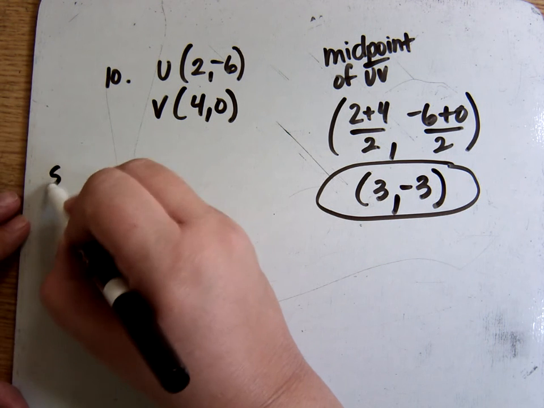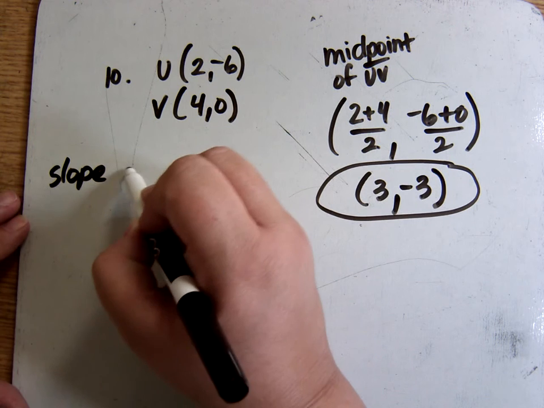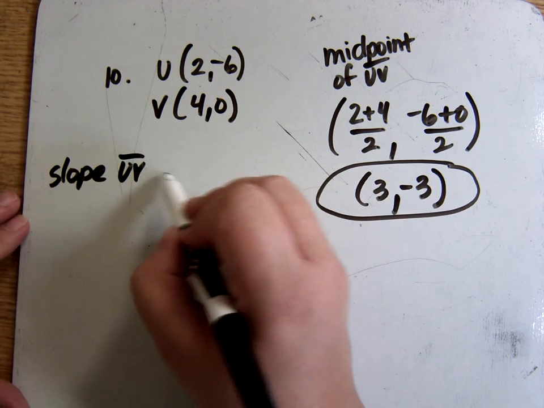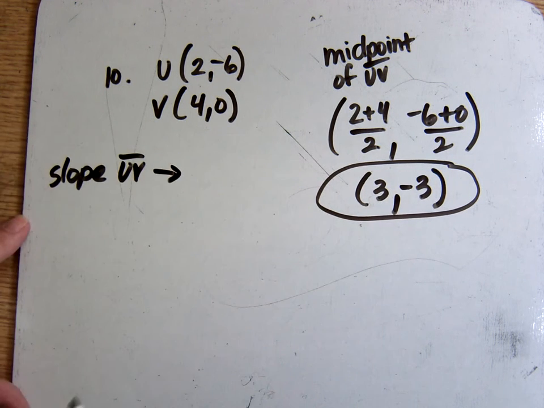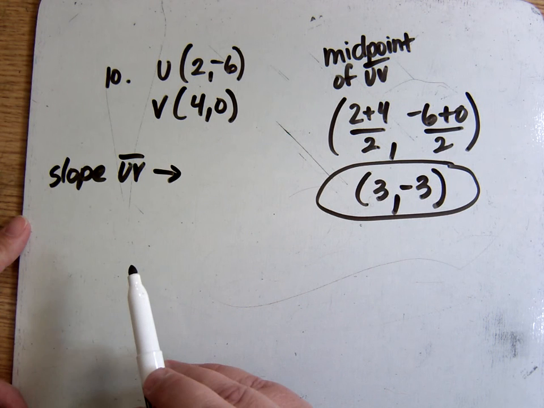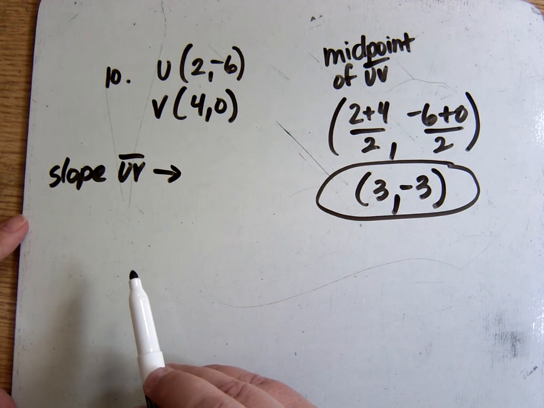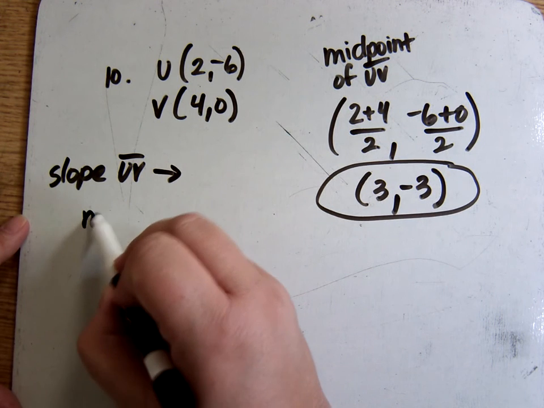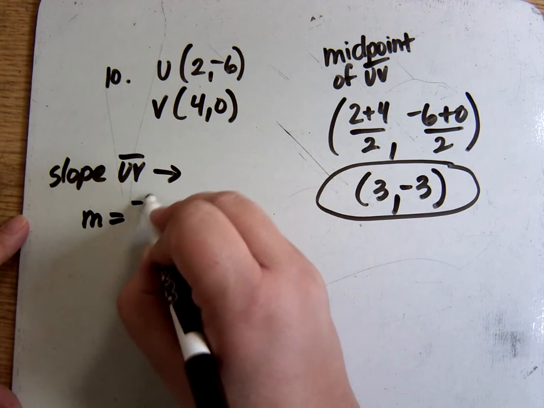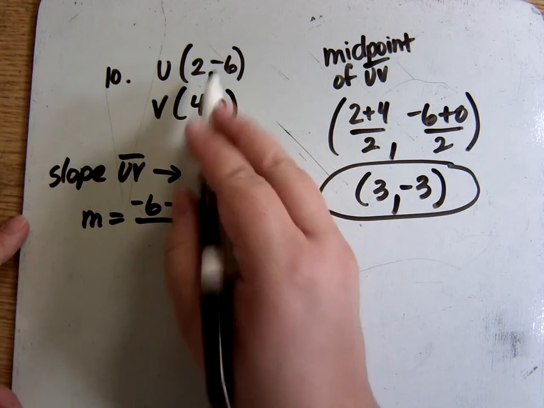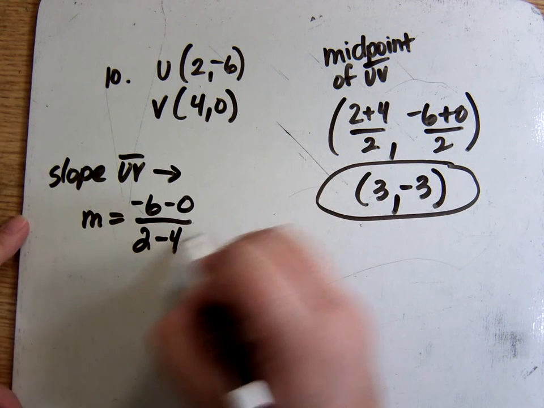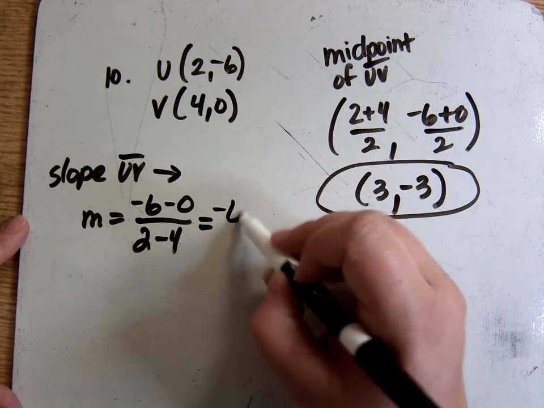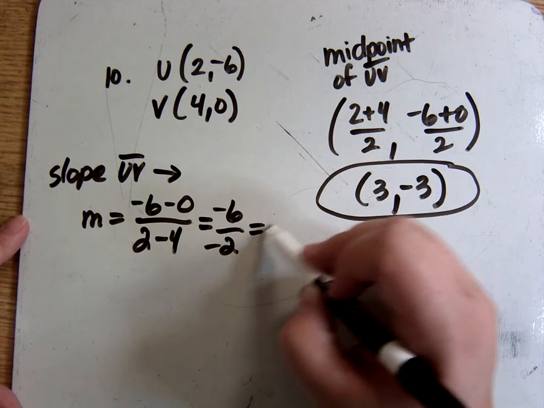Next thing is the slope of UV. The reason I'm finding the slope of UV is because if I find the slope of UV, then I can flip it over, change the sign, and I have the slope of the perpendicular bisector. So this is difference between the y's on top, difference between the x's on the bottom. That gives me negative 6 over negative 2, which is 3.